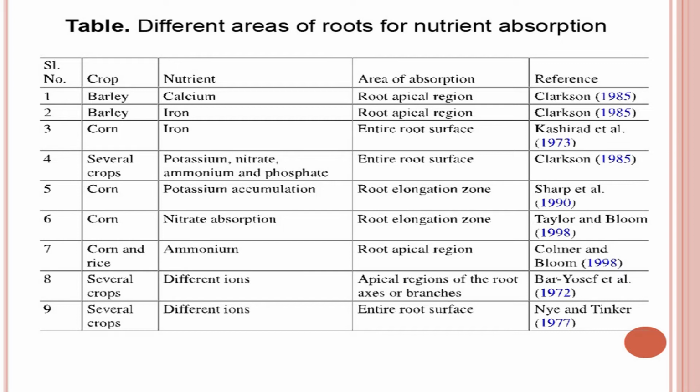Corn and rice, ammonium, which is very important for rice, root apical region, Comer and Bloom 1998, and for several crops different ions, apical regions of the root axis or branches, and different ions in the entire root surface, Nye and Tinker. So, this is how you can see that in most of the cases the areas of absorption of nutrients are the root apical region, entire root surface, root elongation zone, etc.